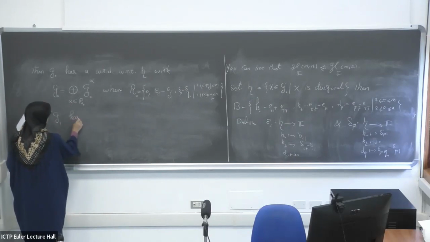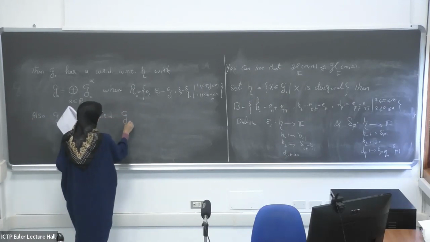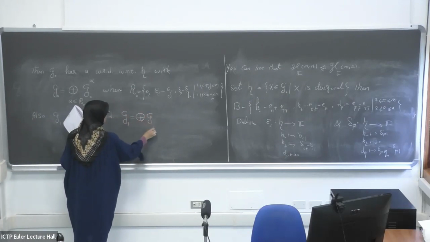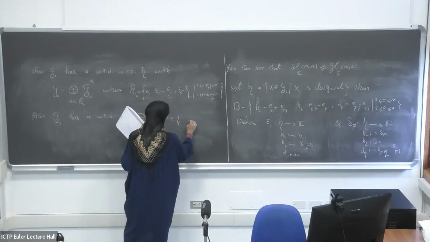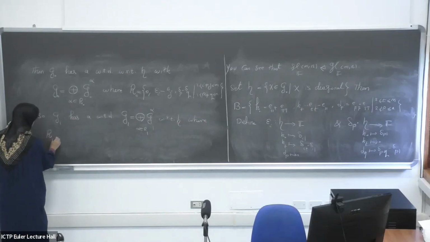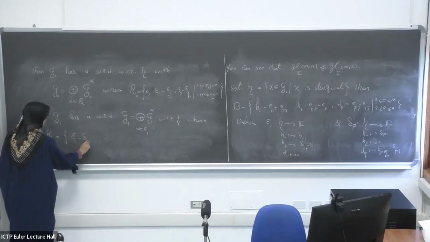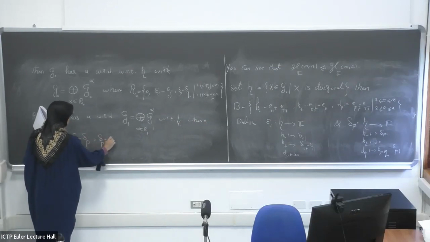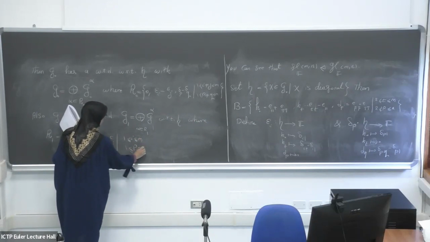G1 has a weight space decomposition with respect to H, where R1 equals epsilon_i minus delta_p and delta_p minus epsilon_i when i is between 1 and m and p is between 1 and n.